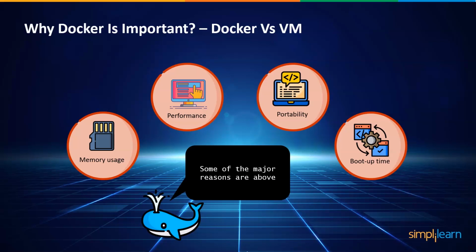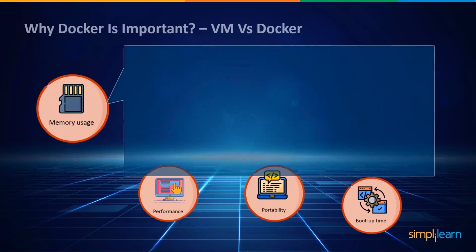The last one is boot up time. A virtual machine's boot up time is probably in minutes, but in the case of Docker it's in seconds. So to summarize, memory utilization, boot up time, and performance are all better in Docker as compared to virtual machines.